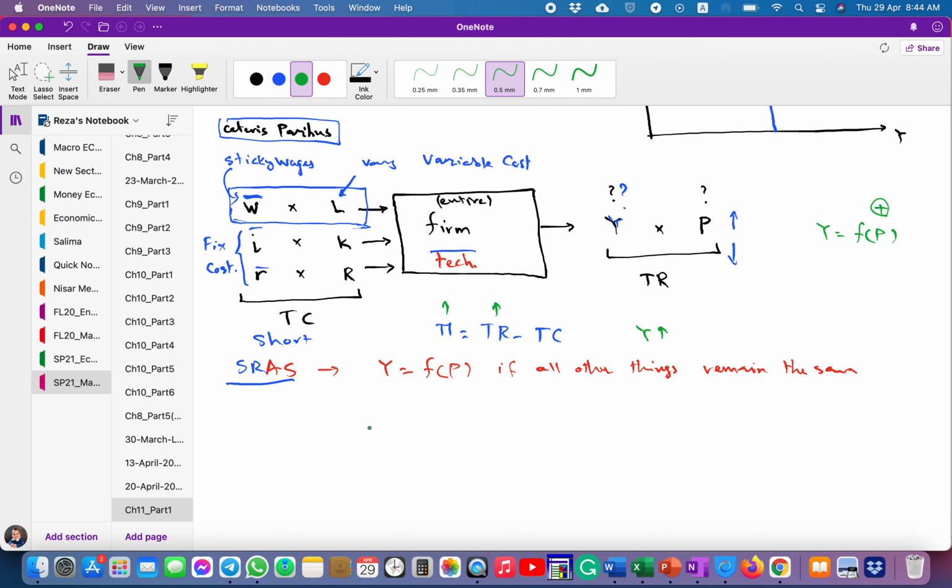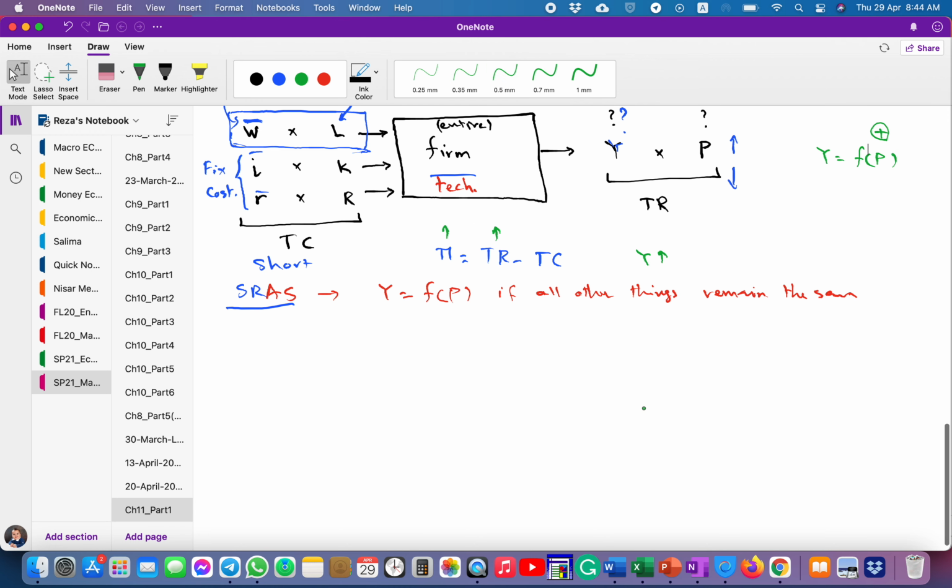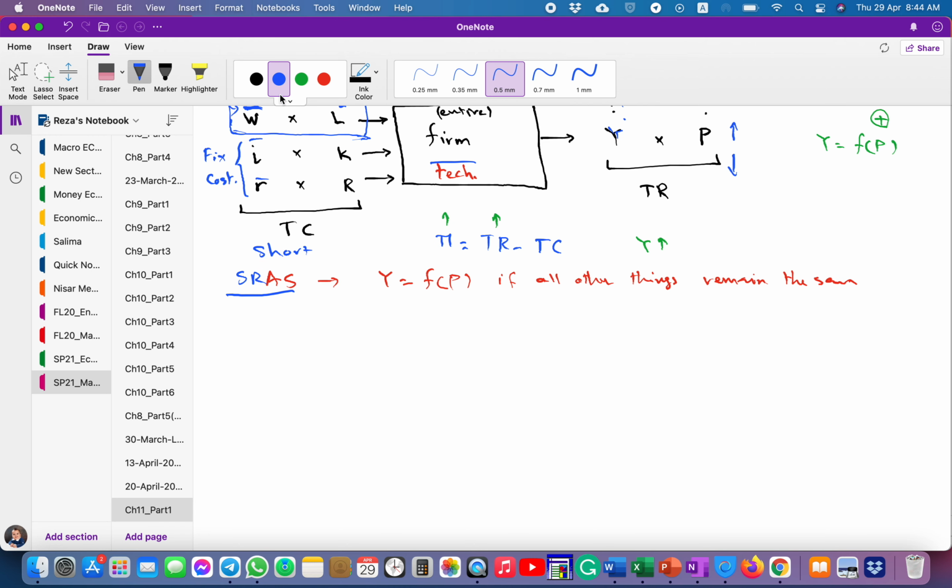And this analysis is the short run. And if we draw it, it shows the responsiveness of the aggregate output from the firm's perspective to the price is positively sloped.